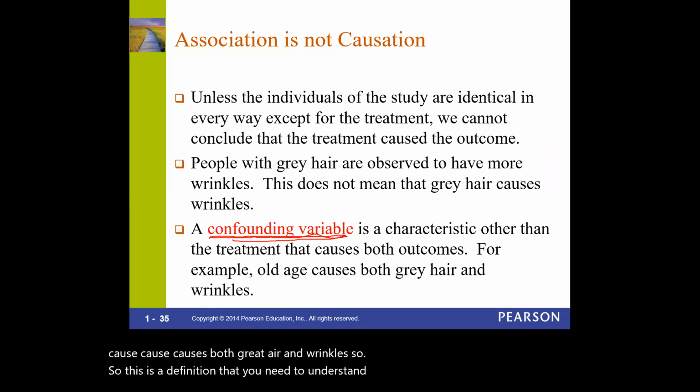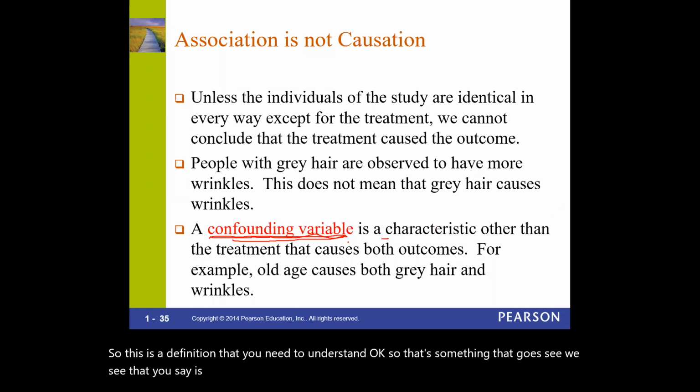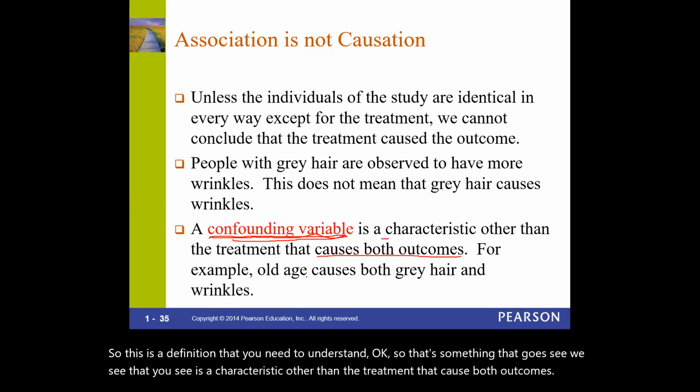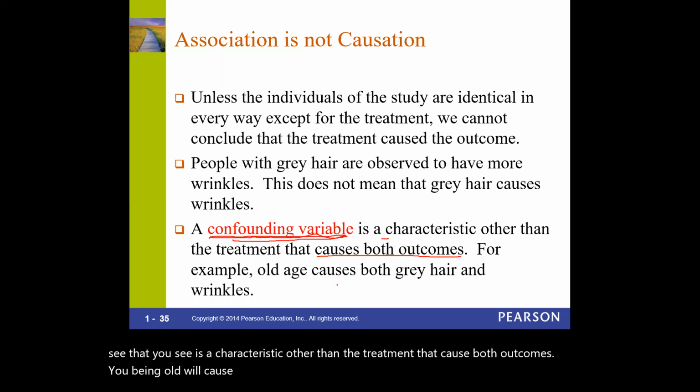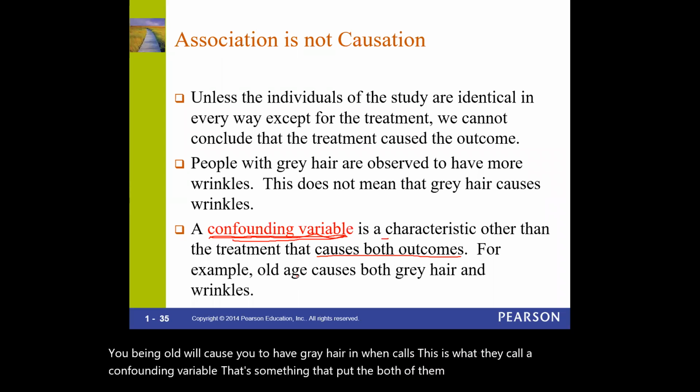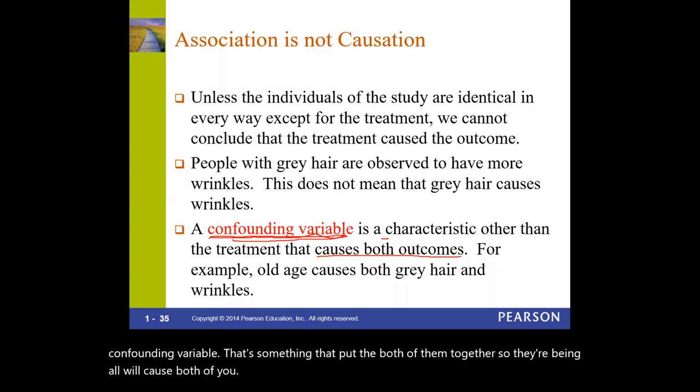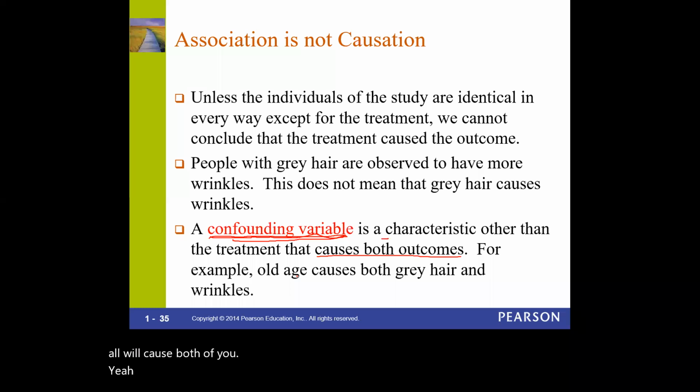It says it is a characteristic other than the treatment that causes both outcomes. You being old will cause you to have gray hair and wrinkles. This is what they call a confounding variable. That's something that puts both of them together. So being old will cause both, because it will cause you to have gray hair, and also it causes having wrinkles.